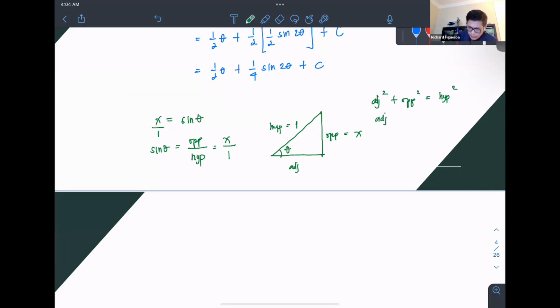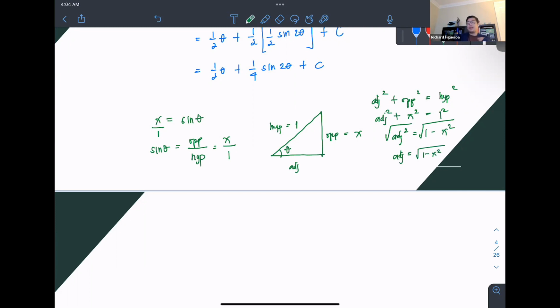plus the opposite side squared is equal to the hypotenuse squared. The opposite is x, squared, and 1 squared. So therefore, the adjacent squared will be 1 minus x squared, and then we take the square root of both sides. So the adjacent is just the square root of 1 minus x squared.